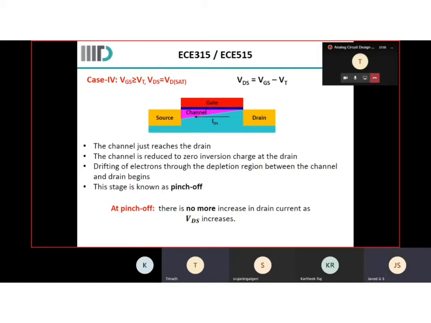First we assume source and drain are connected to ground. Nothing is connected, so as current is not flowing, the potential between gate and channel will be constant throughout the channel. That's the first point. So initially, under the gate inside the channel, the potential is constant if no voltage is applied. When drain to source voltage is applied, if you consider a resistor, we can see that a drop will be there across the resistor.